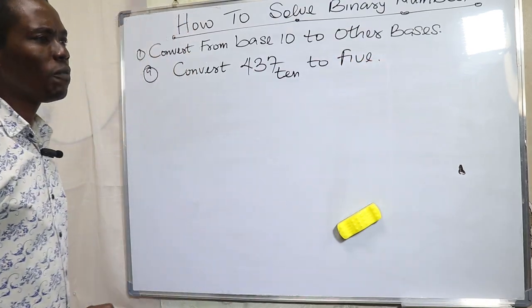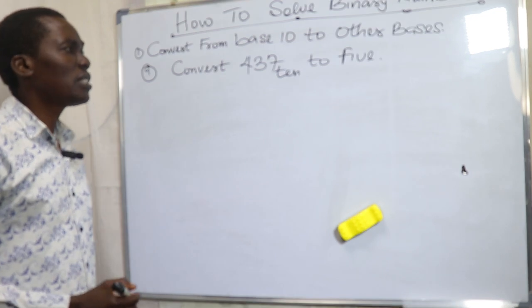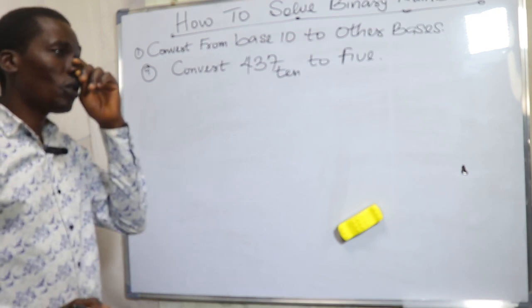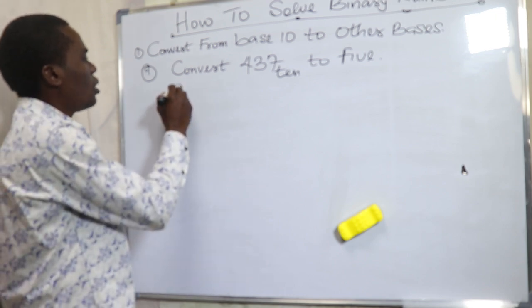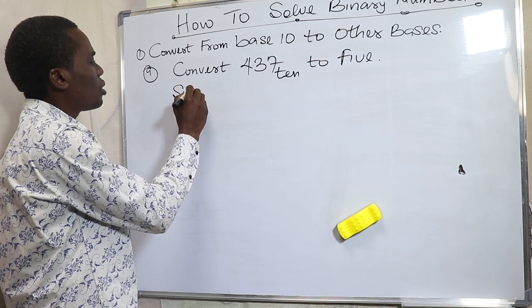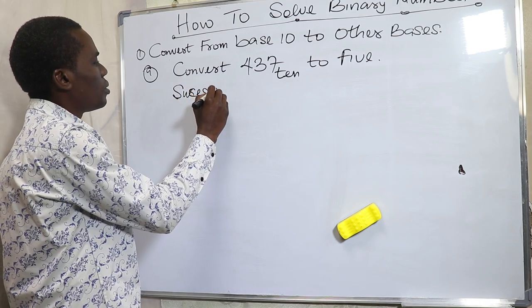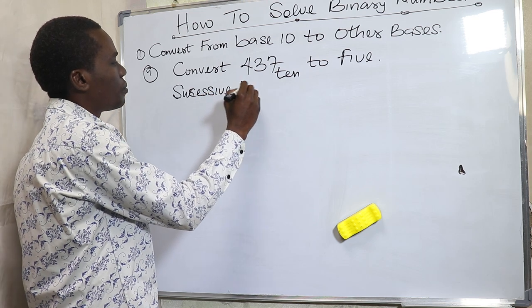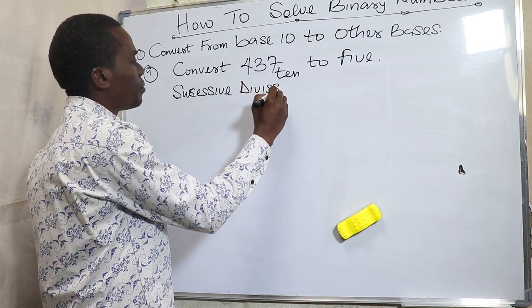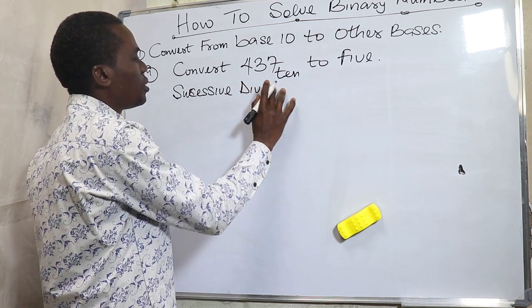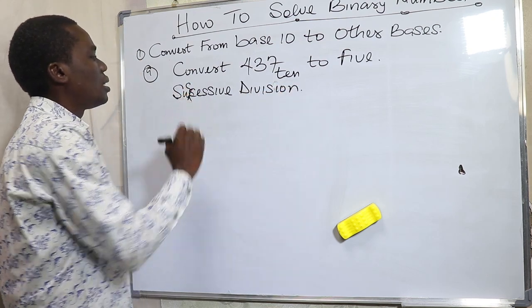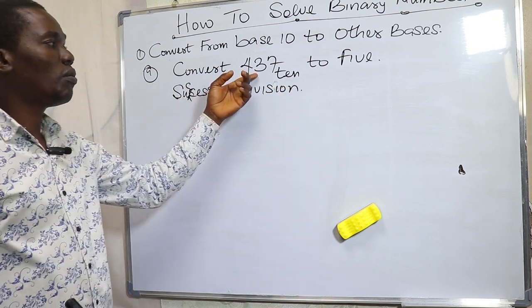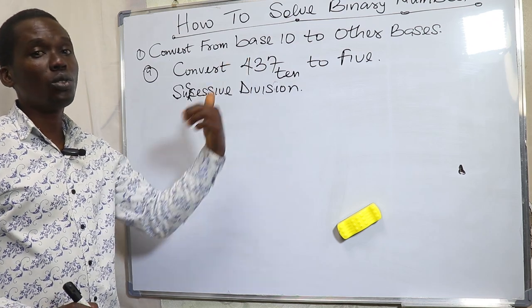So what will you do? Remember, to convert from base 10 to other bases, we do what we call the successive division method. That is the method we use in converting from base 10 to other bases.